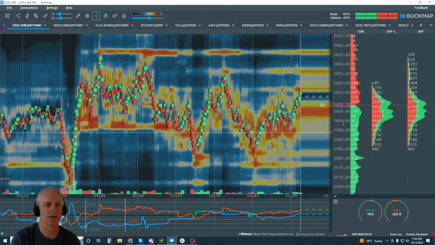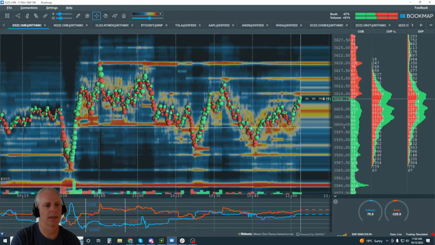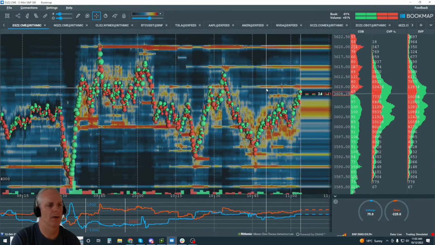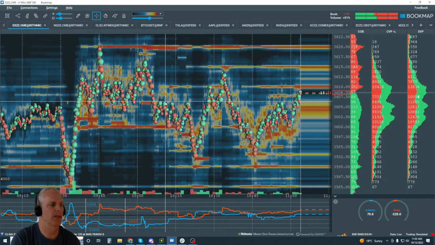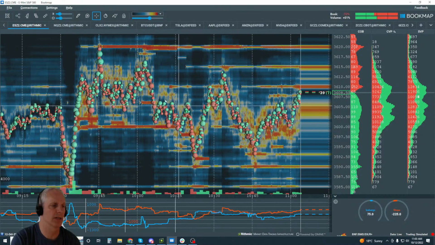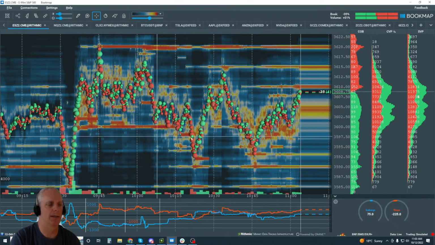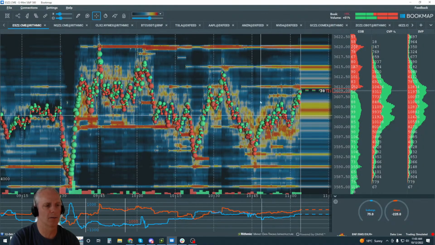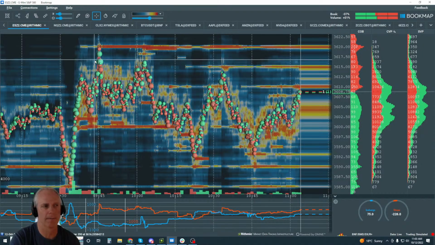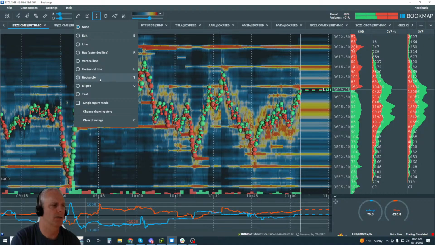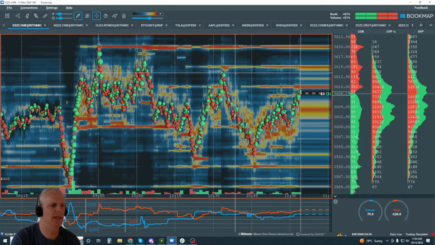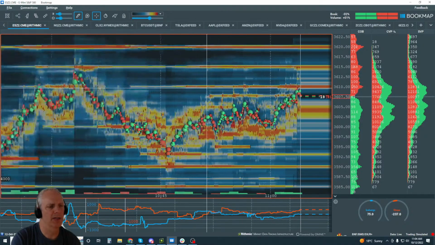All right. So now let's take a look. Okay. So who's in control in some of these smaller zones in these areas? And this is kind of tricky stuff. It's really back and forth in here, indicative of waiting for an event later. So if we take a look here, and let's just zoom in more.